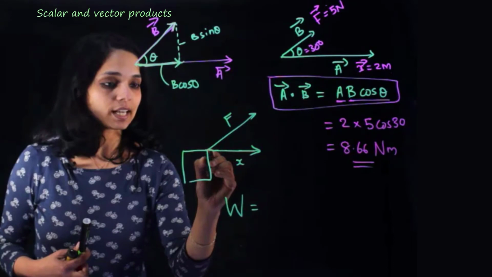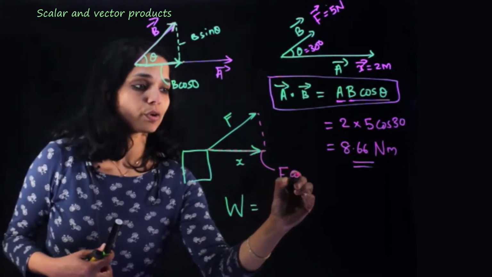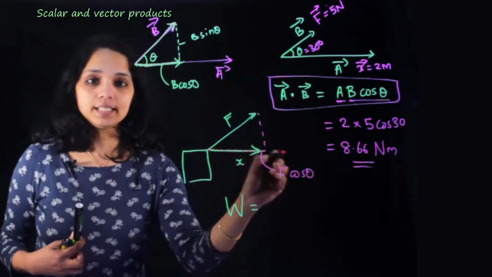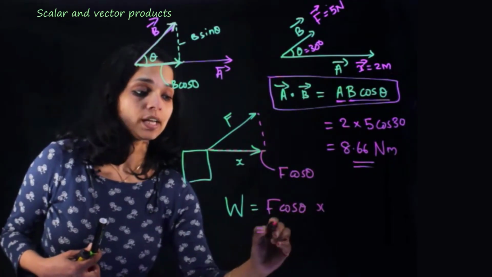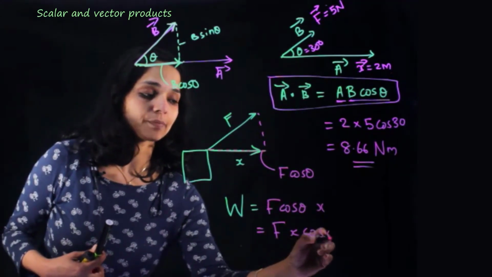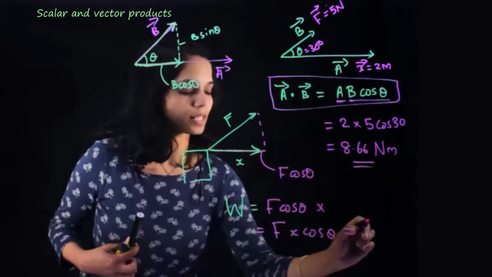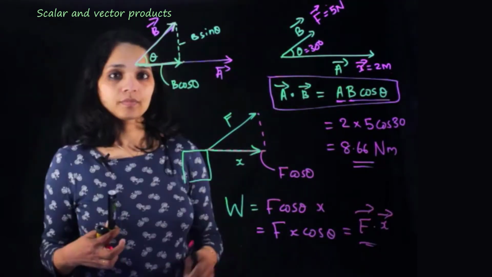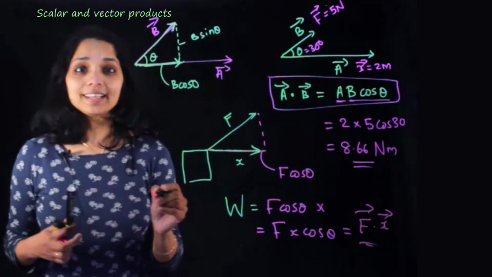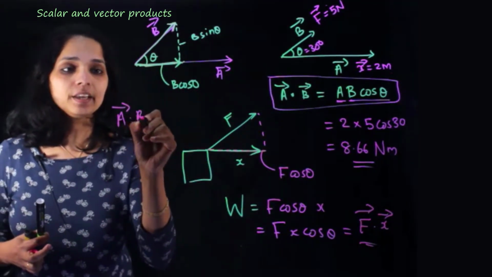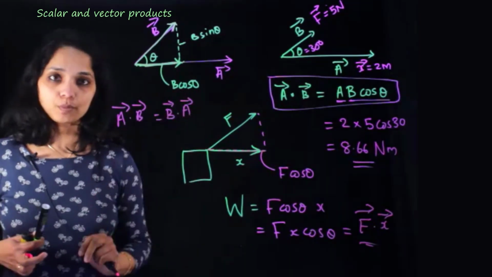So you need to find this component, which is F cos theta, times the displacement. So that is F cos theta times X, or Fx cos theta. Basically, it's in this form, so that's F dot X. So the work is a scalar as we expected for any dot product. Another thing is, A dot B is the same as B dot A. It doesn't matter which order you take the dot product.